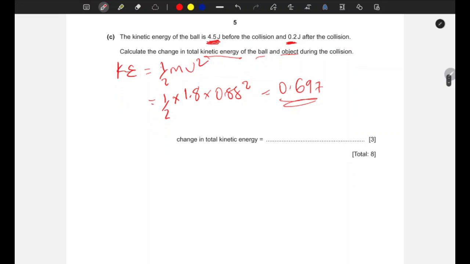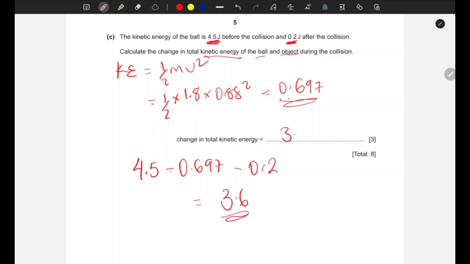Now the initial kinetic energy was 4.5. To find the change in the total kinetic energy, we subtract this 0.697, and also subtract the final remaining kinetic energy, which is 0.2. So that would give us 4.5 minus 0.7 minus 0.2, which gives us 3.6. That's the change in kinetic energy, in joules.